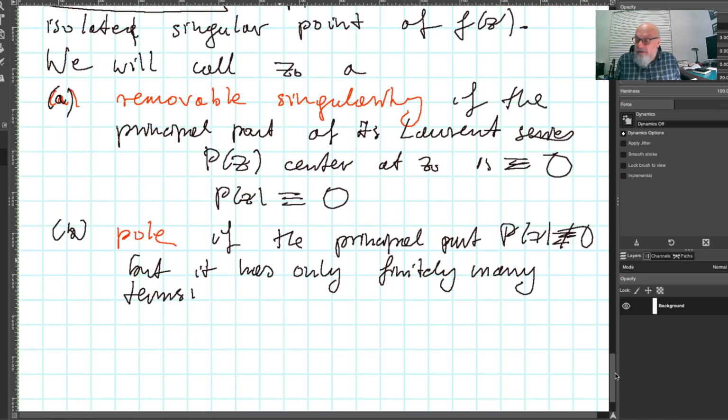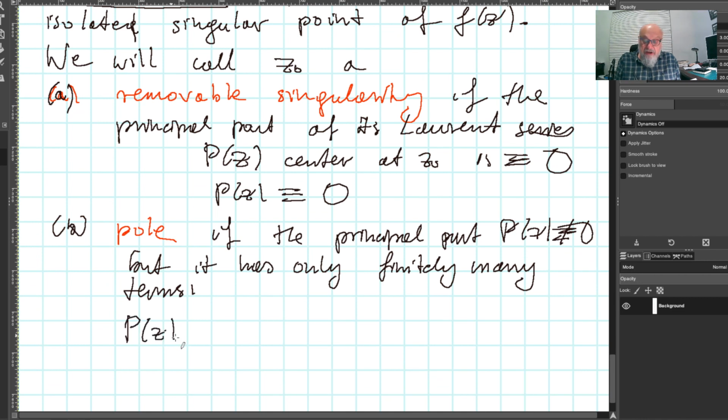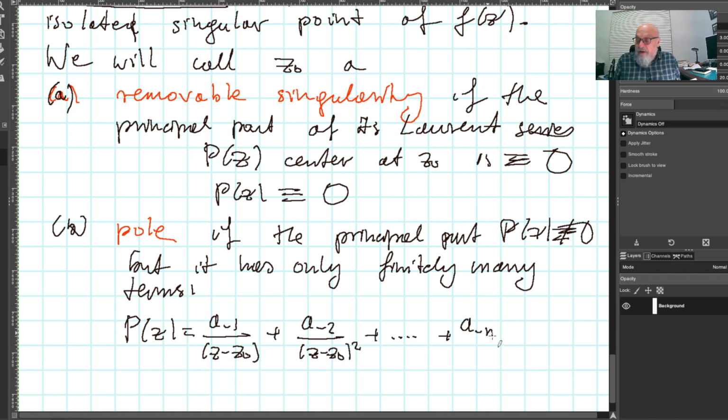And that simply means that this principal part in such a case can be written as a minus 1 over (z minus z0), plus a minus 2 over (z minus z0) squared, and so on. And the last one is a minus m over (z minus z0) to the power m, and here we assume that that one is non-zero, but all others are 0, so there are no others.